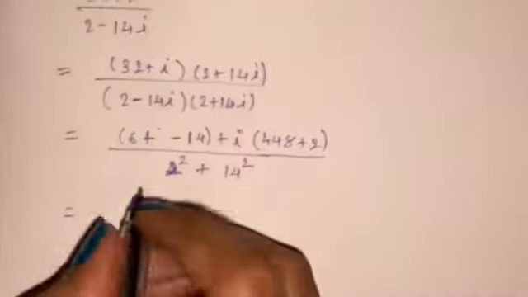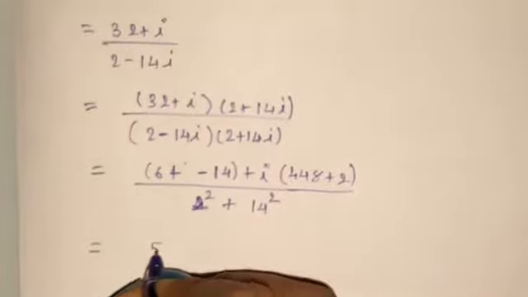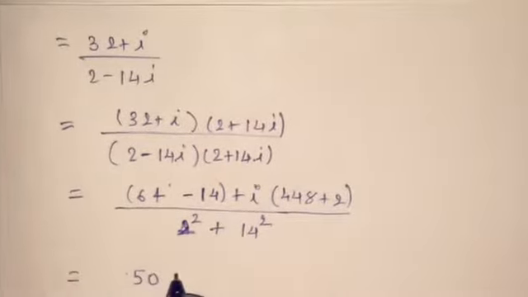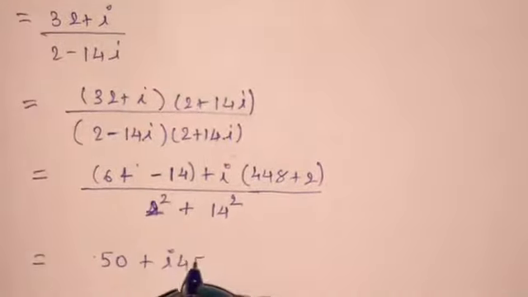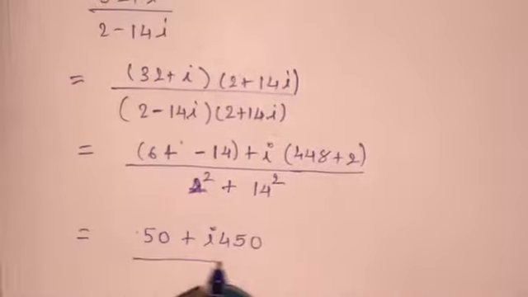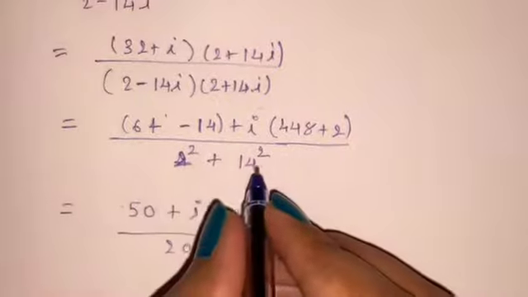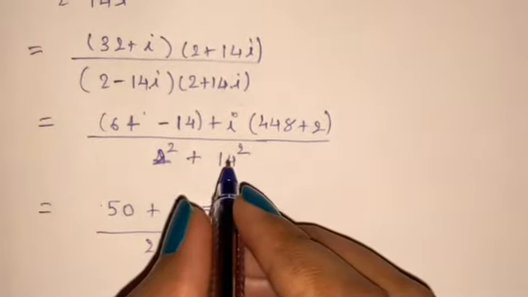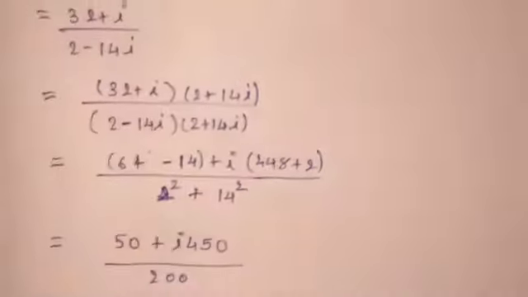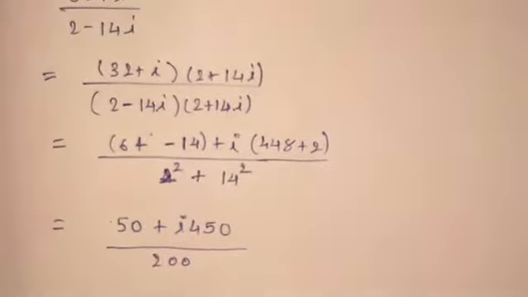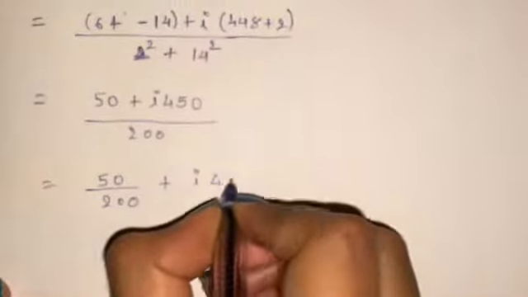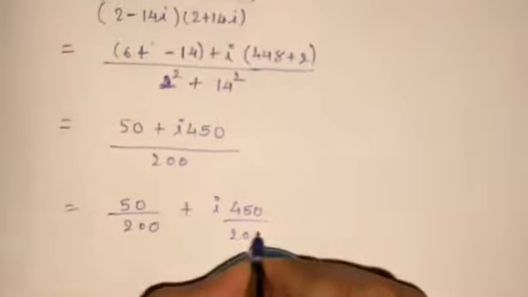So you will get 50 plus i 450 upon this will be 200, because 2 squared is 4 and 14 squared is 196. So you will get 50 by 200 plus i 450 by 200.